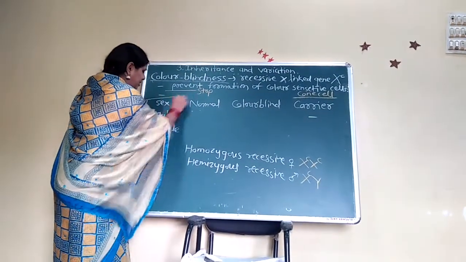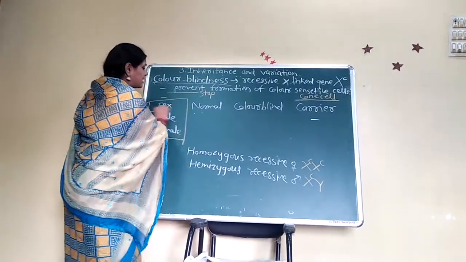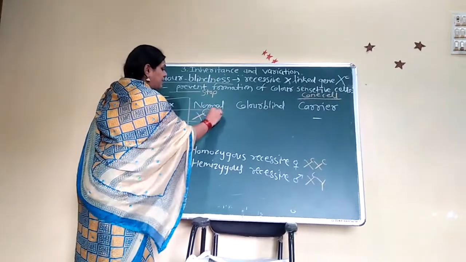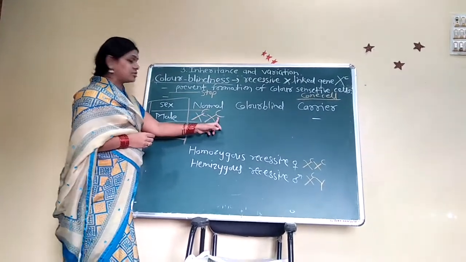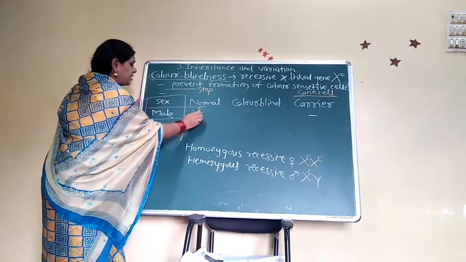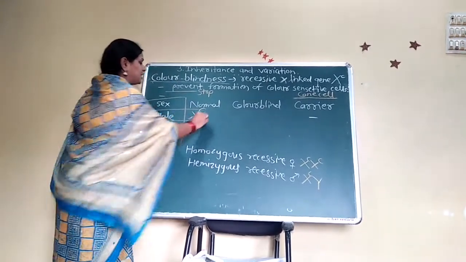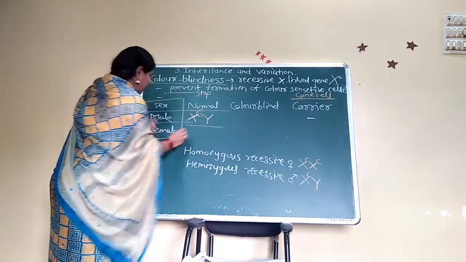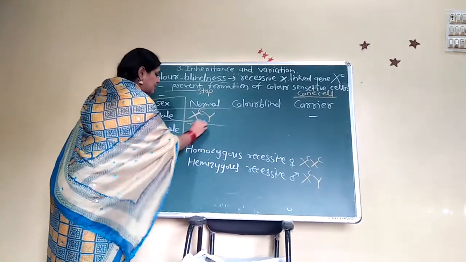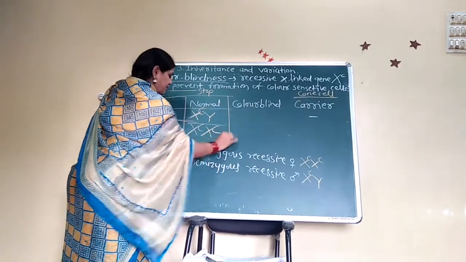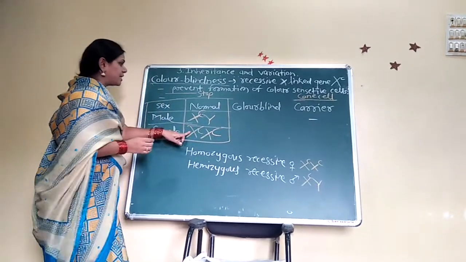Here are the male and female conditions. For the normal condition, sorry, here we give the male first, that is X capital C and Y, and in the female X capital C X capital C. This is the normal condition.